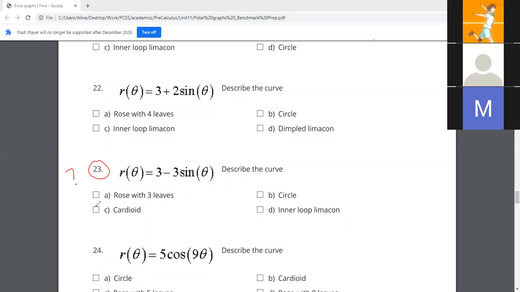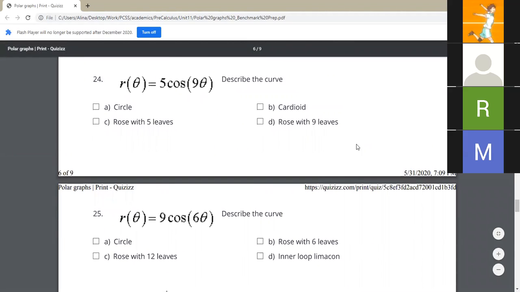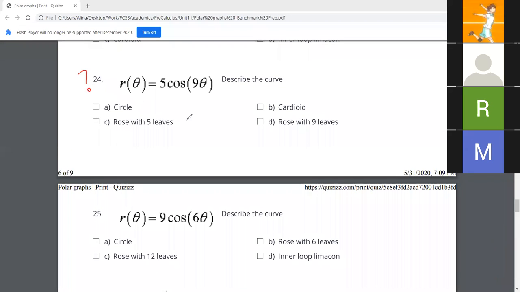Wouldn't it be a cardioid? That's correct. Thank you. Question 24 goes to Alina. It would be a rose with 9 leaves. That's correct. Thank you so much.